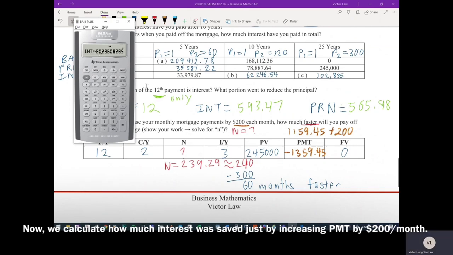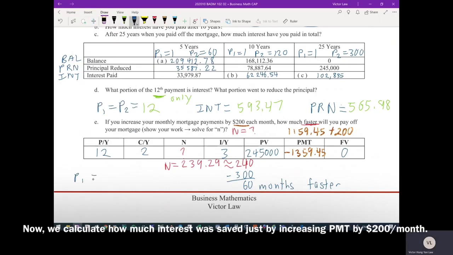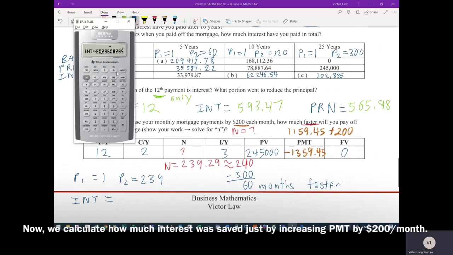By just increasing our monthly mortgage payment by $200 each month, we reduce our amortization from 25 years to 20 years, right? So from 300 periods to 240 periods. When we calculate with P1 as 1 and P2 as 239, we find that the interest we paid in total over the 20 years is $80,296.